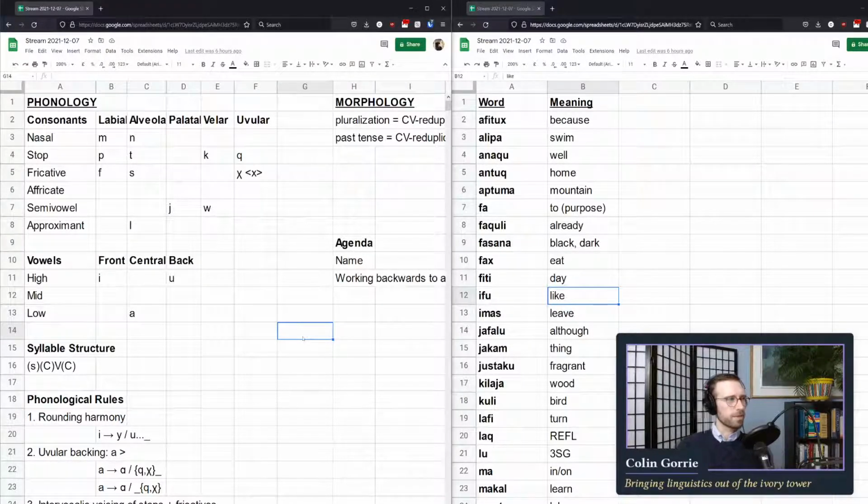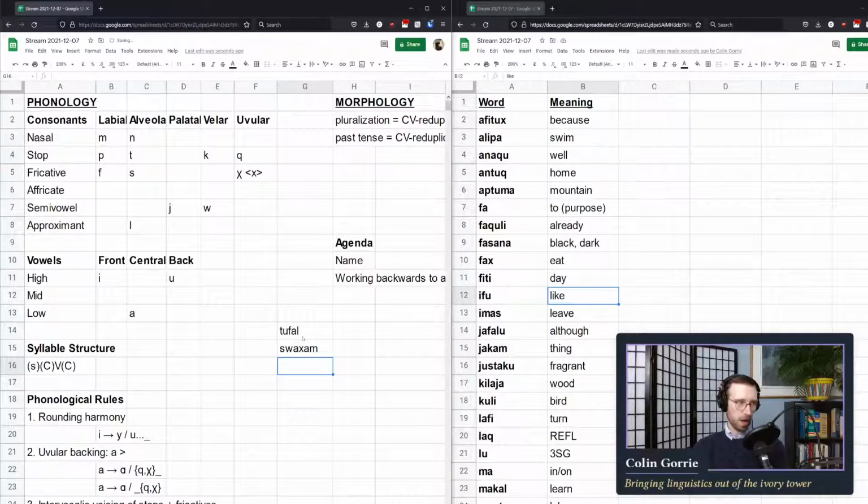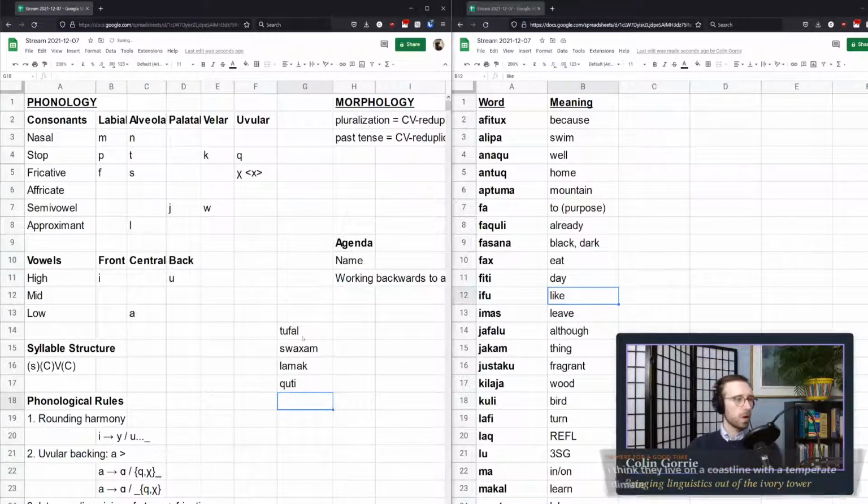So let's generate some word forms. Something like tuval, that's valid. Swacha, swacham. What else could we do? We could do something like lamak. We could do something like koldi.